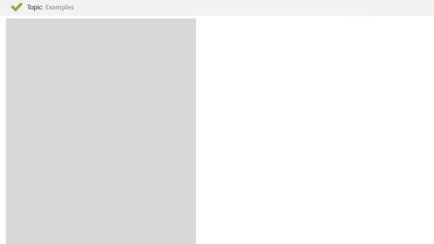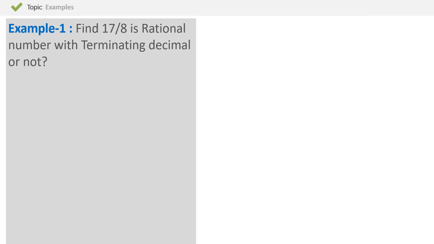Now let's take an example. Try to find whether 17 by 8 is a rational number with a terminating decimal or not. We can see 17 by 8 can be represented as 17 divided by 2 to the power 3, and you can also see it is multiplied by 5 to the power 0. Right?